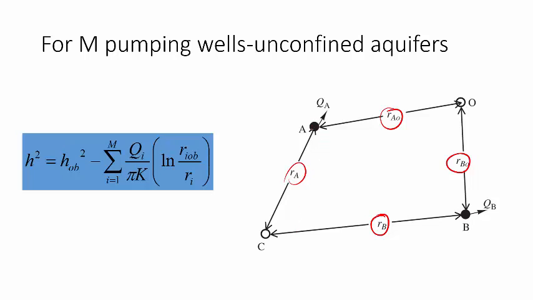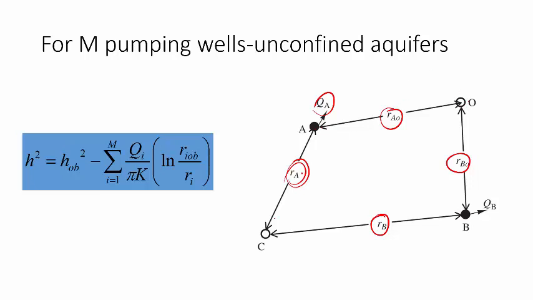So you have your A, okay, and reviewing also for confined aquifer. So you have your well A, and then this is RA, which is the distance to the observation well, and then here you have RA naught.